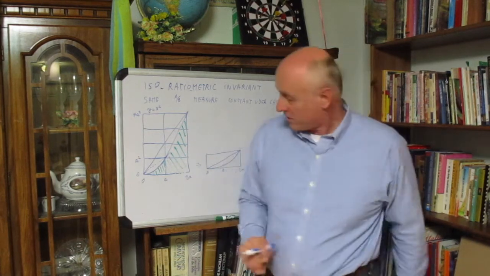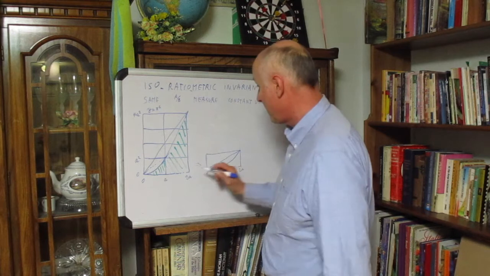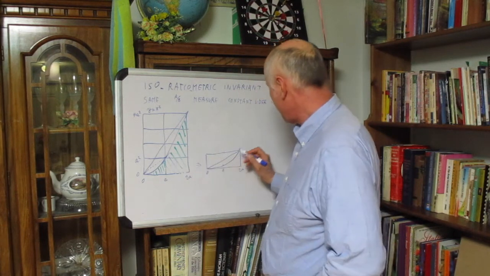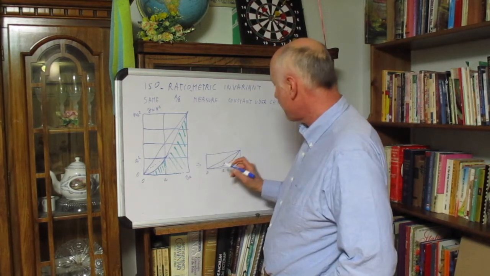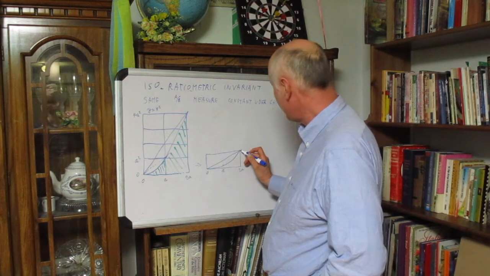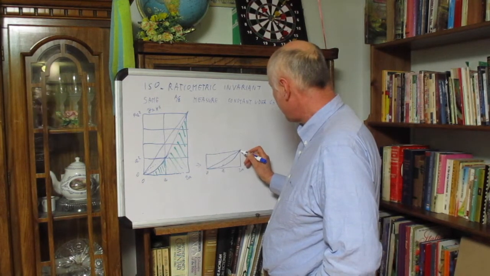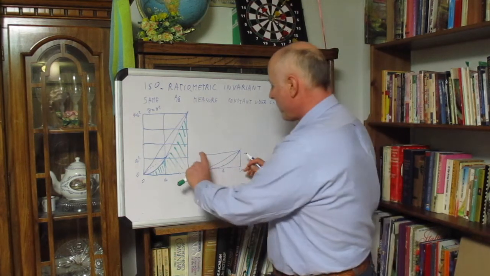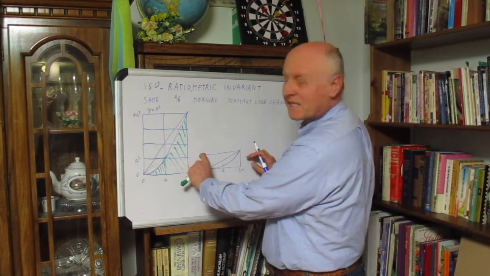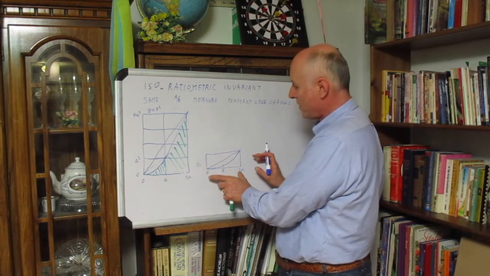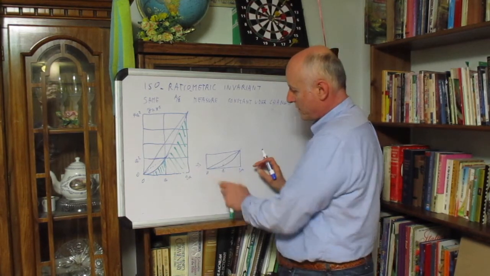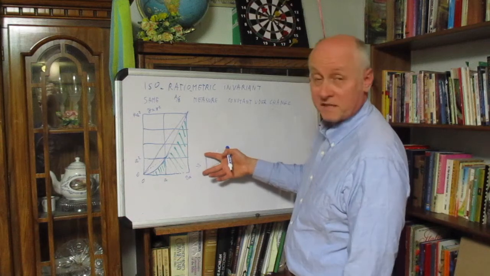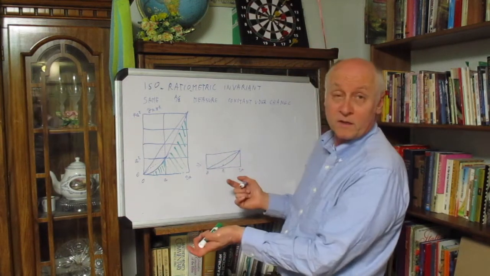So when we stretched it, well, what happened? Basically, we kept the height the same, but we changed the base, or the rise is the same, but the run has doubled.